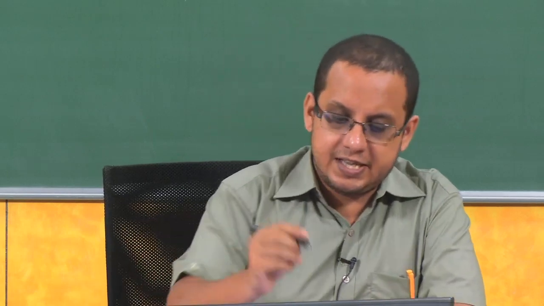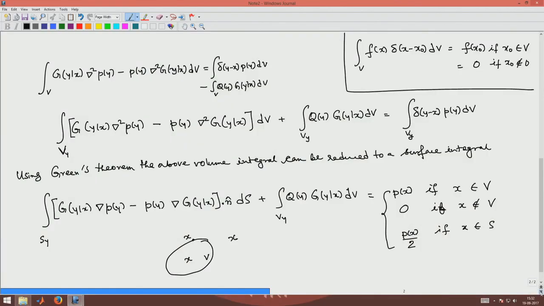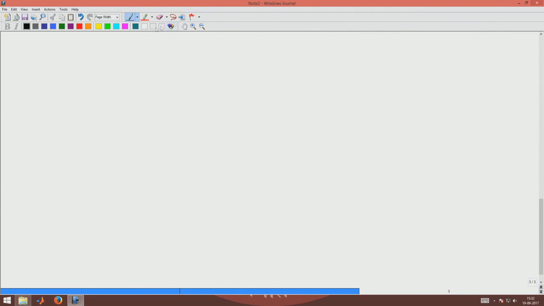So, therefore, this is the equation which is the grand equation in acoustics. It is called the Kirchhoff Helmholtz equation in acoustics. So, this is p x is given by integral q y g y bar x dV over the volume.